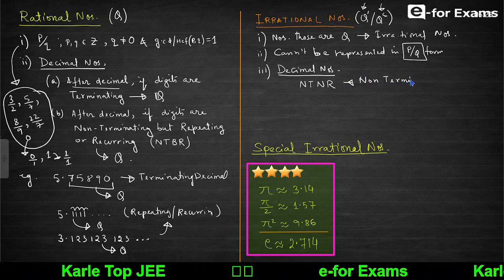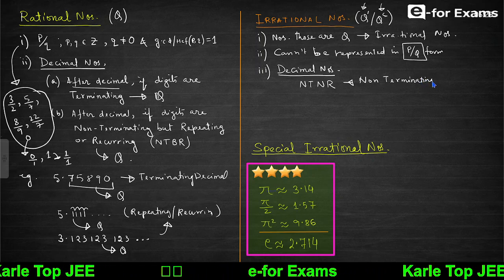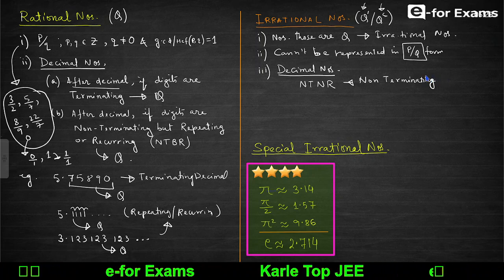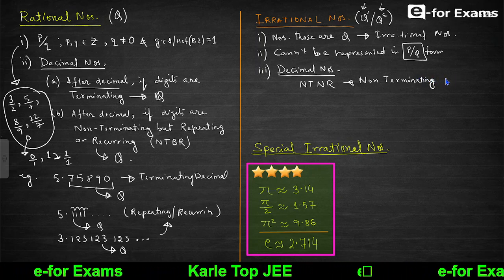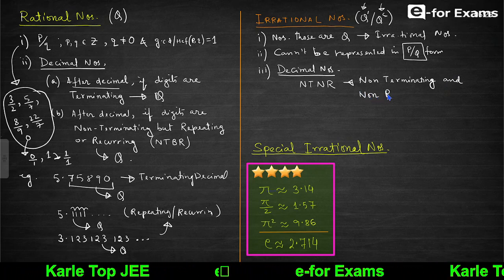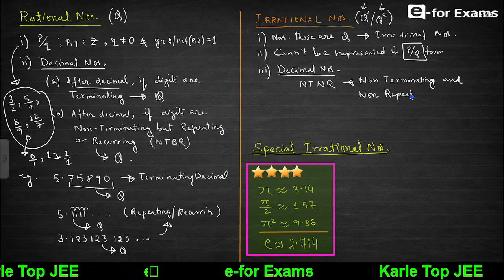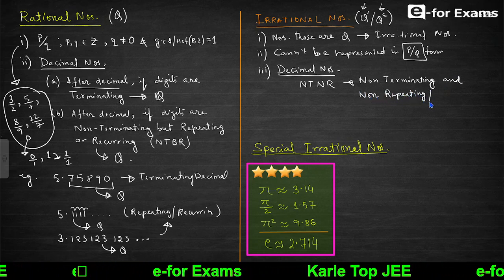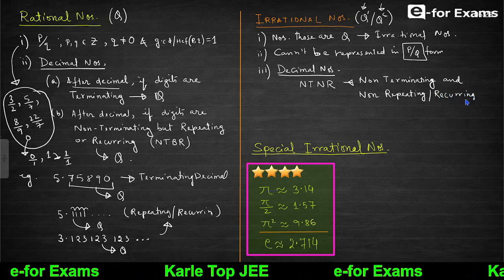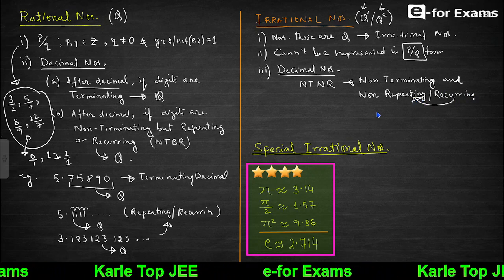Non-terminating means that after the decimal the digits never end. Non-terminating and non-repeating. Repeating or recurring, recurring is nothing but repeating only.